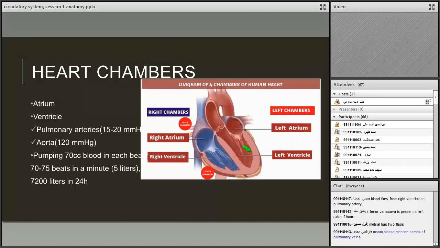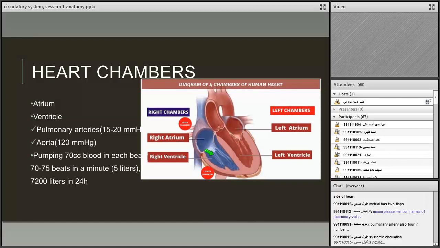If you take a look at the heart, you can see the diameter of the muscles in the left side of the heart is much more than the right side, because the right side is just pumping the blood to the lungs.